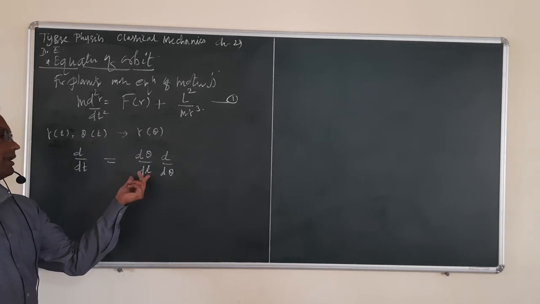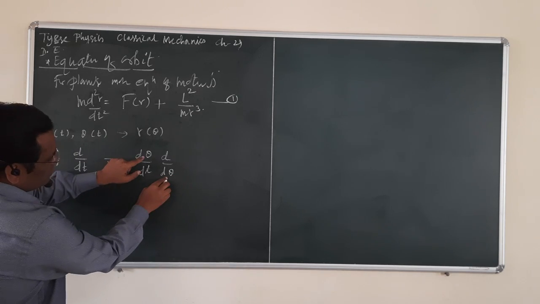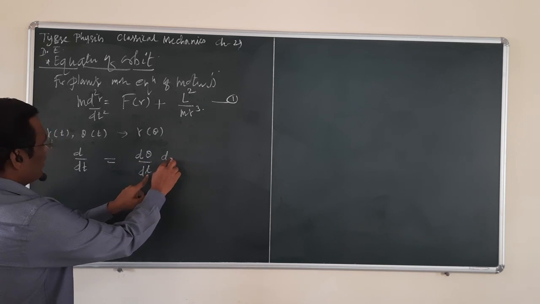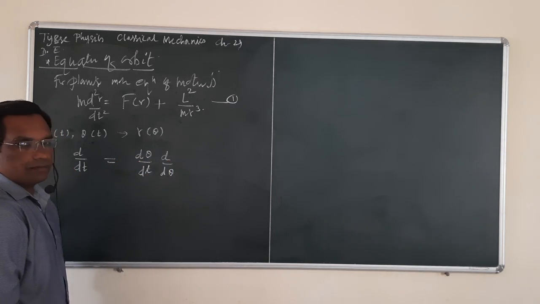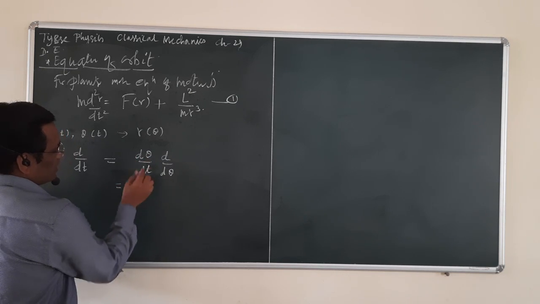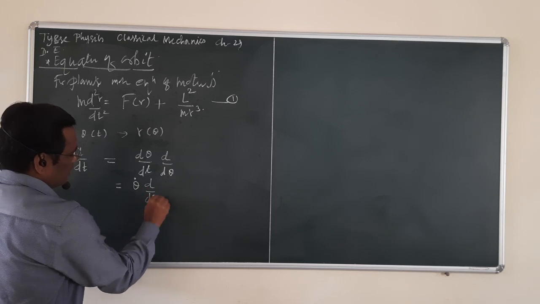So d theta by dt and d by d theta. By using the chain rule, this d theta will go out and we get d by dt on the left hand side. Now this is equal to, the derivative of theta with respect to time is nothing but theta dot, and d by d theta.